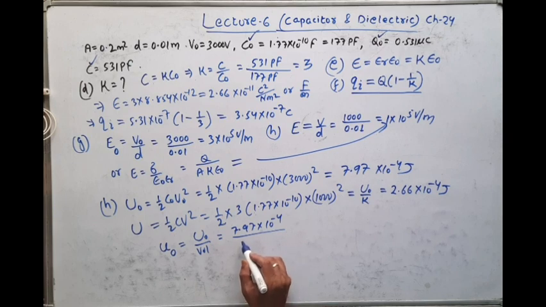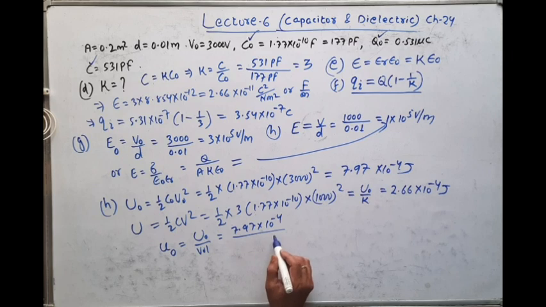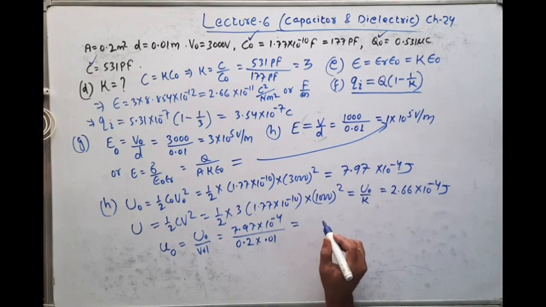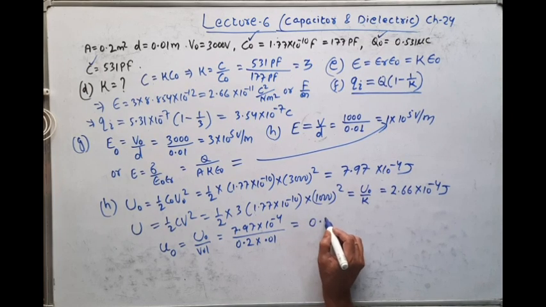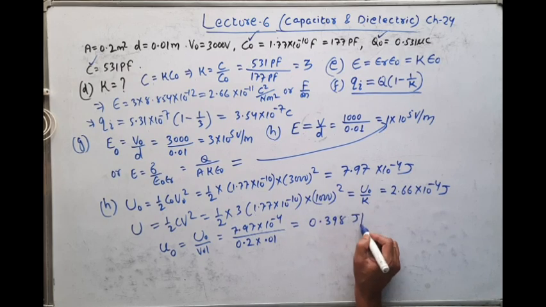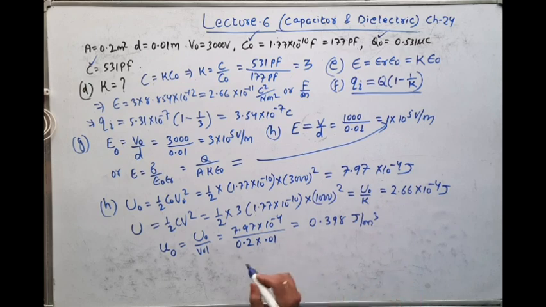What is the area? 0.2 meter square. What is the distance? 0.01. So you just calculate. I think it will come to 0.398, and since it is energy density, the unit is joule per meter cube.